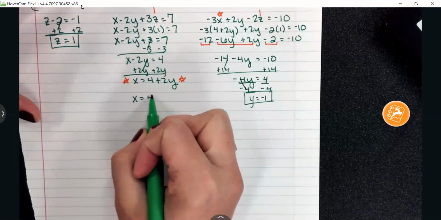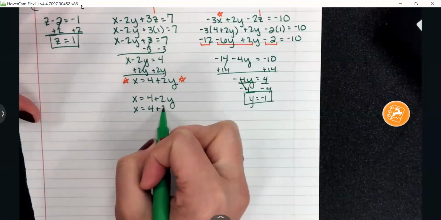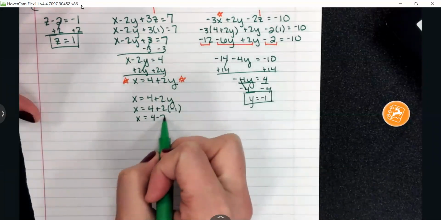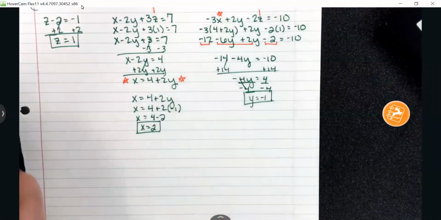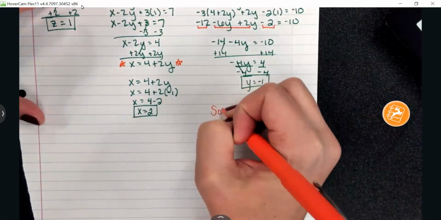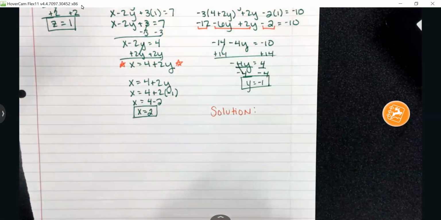So x equals 4 plus 2y. Instead of y, I'll have a -1. So x equals 4 minus 2. So x equals 2.